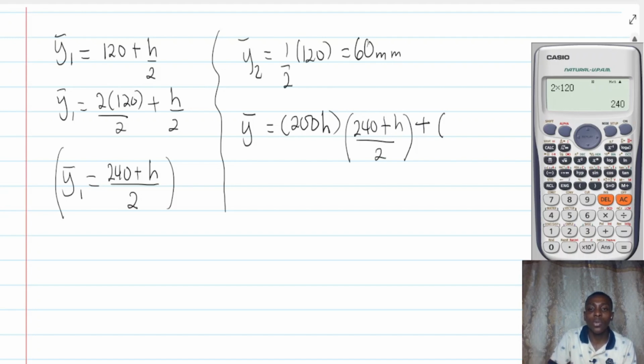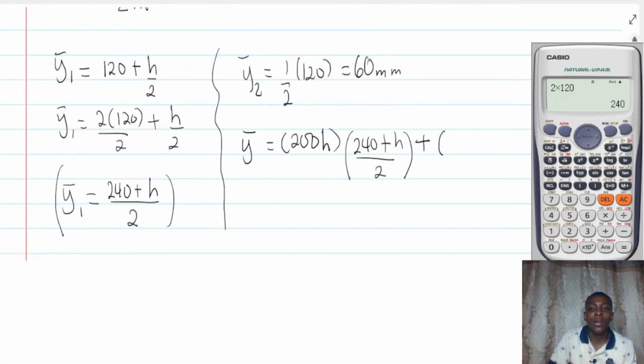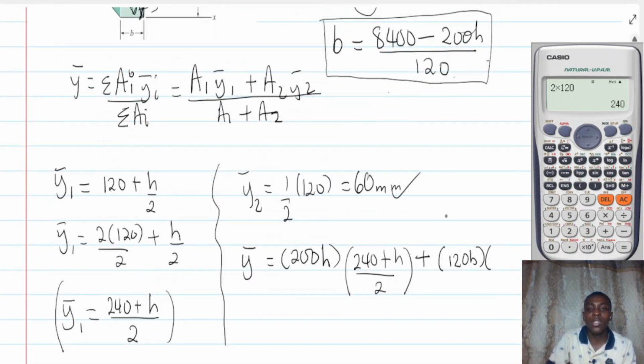A2 is 120B, and then y bar 2 is 60. We are saying that we divide this by the total area.